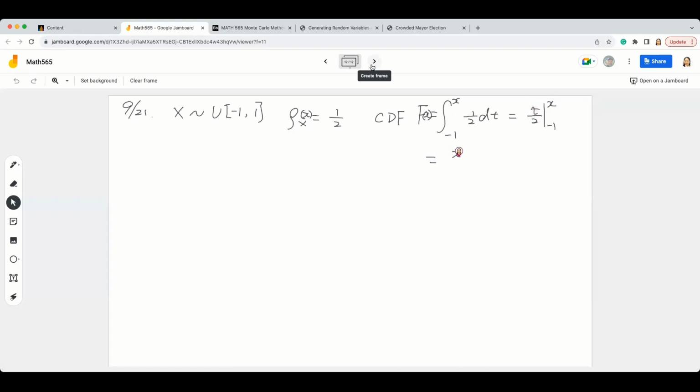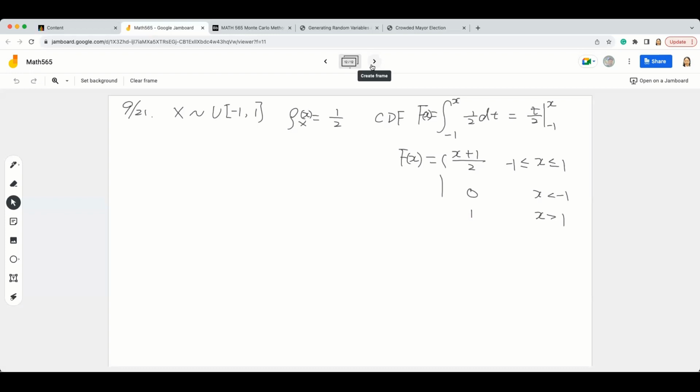So we get x plus 1 over 2. Is that okay? So this is our cumulative distribution function. And of course, here this is from -1 to 1. If x is less than -1, it is 0, and if x is greater than 1, it is 1. This is a cumulative distribution function, right?